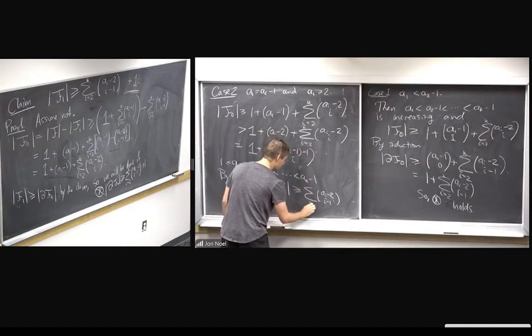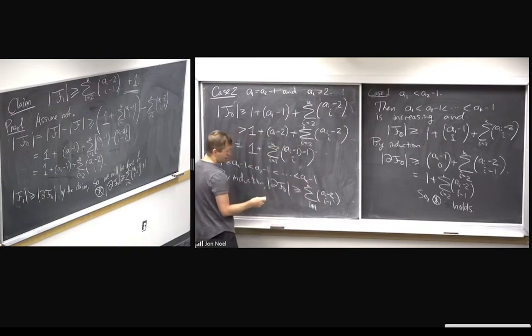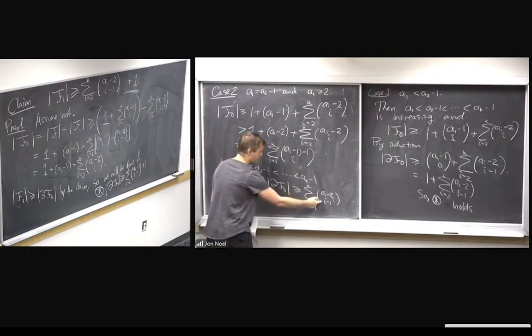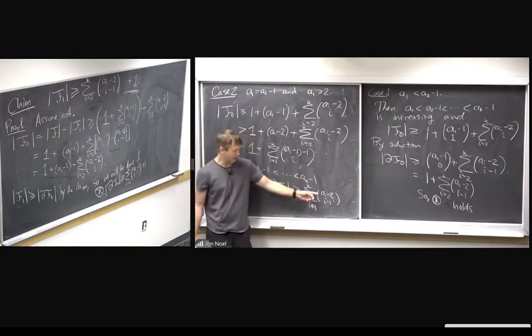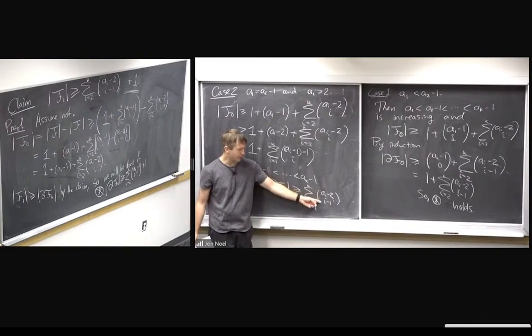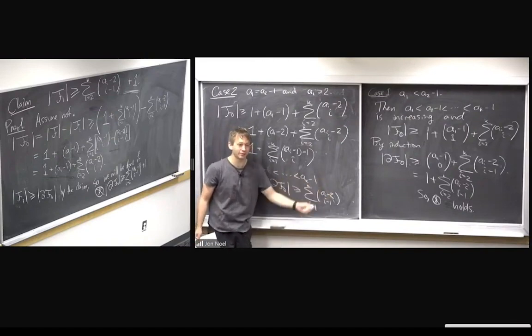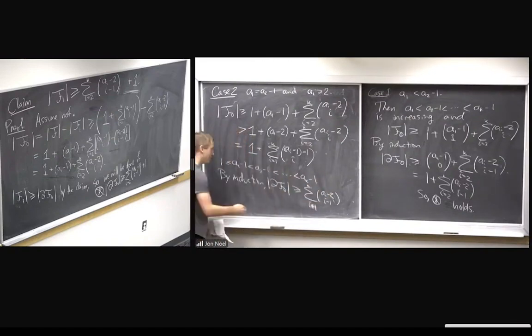Then I just notice that the first term is one. The i equals one term is Ai minus two choose zero. Anything choose zero is one, as long as the top part is at least zero. So yeah, this again proves star.